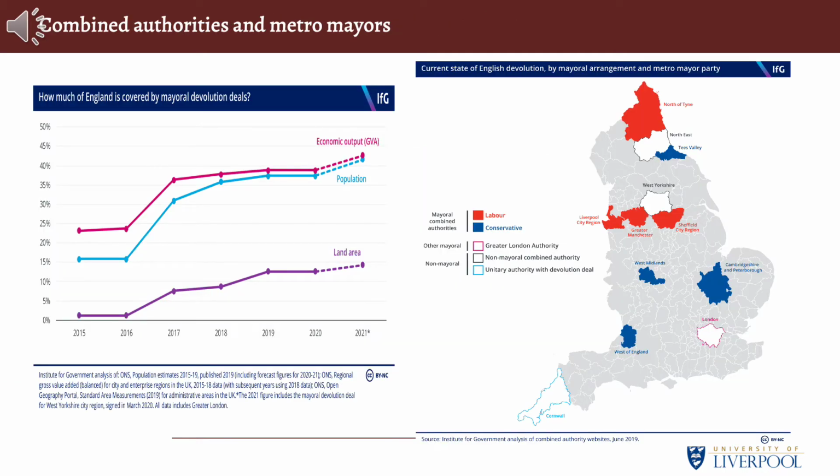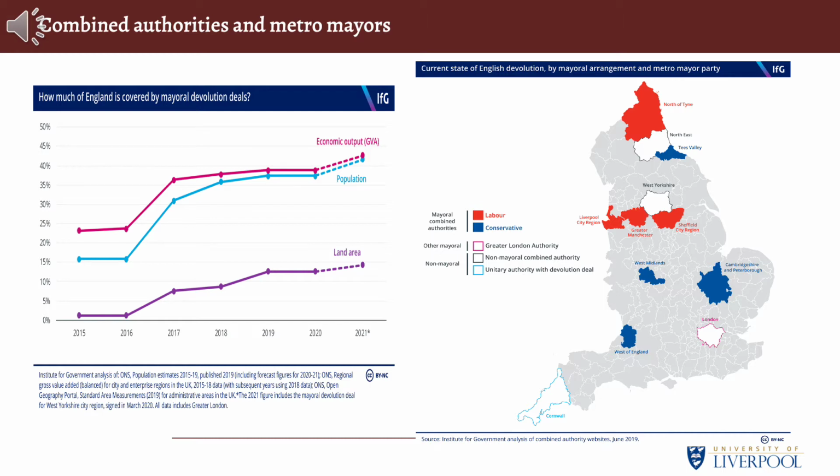And we also have combined authorities that have grown, obviously, since 2015. They are covering a greater number of areas, and one of the Conservative promises in the 2019 manifesto was, as they say, full devolution across the whole of England. Now, there's two clear ways that could play out.